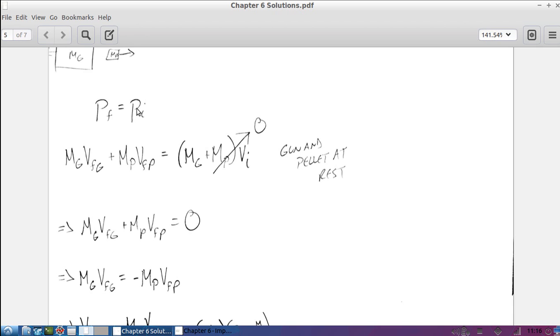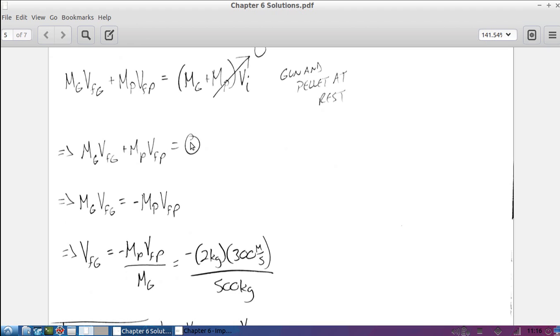So there's no initial momentum, which is weird, because how can these objects have momentum if initially they don't? Okay. And what we'll see is one will have a positive momentum, one will have a negative momentum, equal in magnitude, opposite in direction, and so when you add them up together, since momentum is a vector, the total momentum is 0.